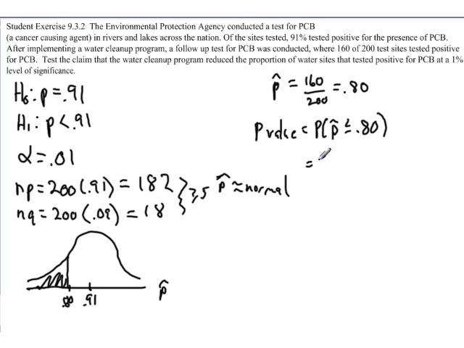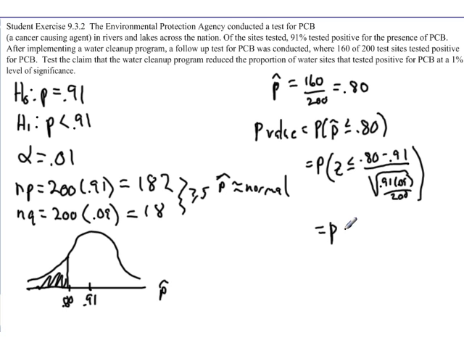So we'll just transfer this into z's and get z is less than or equal to 0.80 minus 0.91 divided by the standard deviation, which is the square root of pq, 0.91 times 0.09, divided by n, 200.